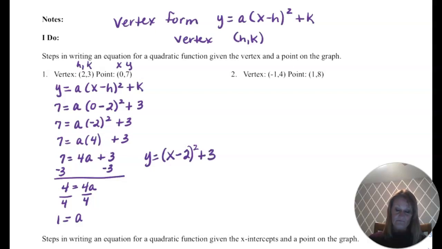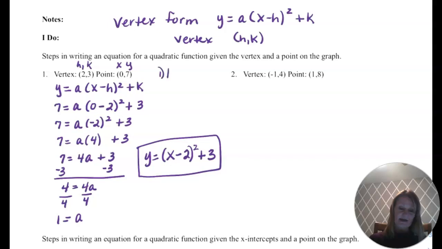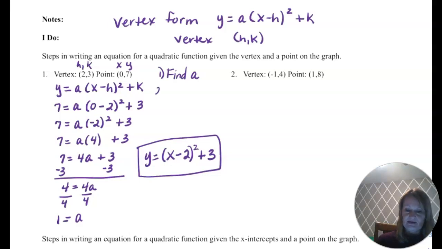There we go. So when you go back in and put everything in, our vertex and our a, you could write that down. So first step, we'll just make it a little simple here: find a, then your h and k. Those are the final steps there.